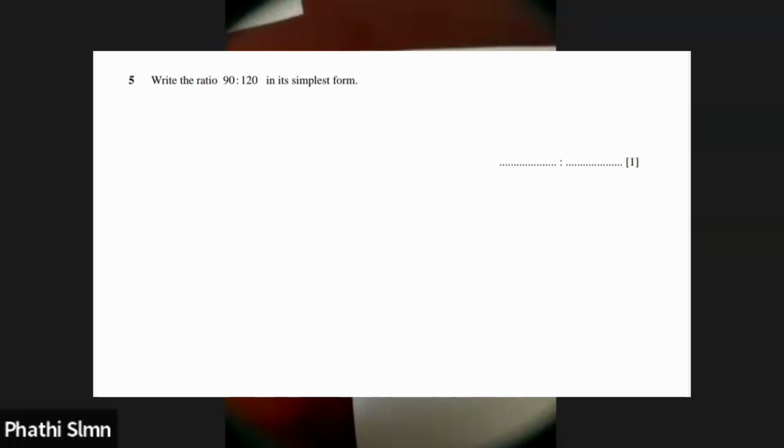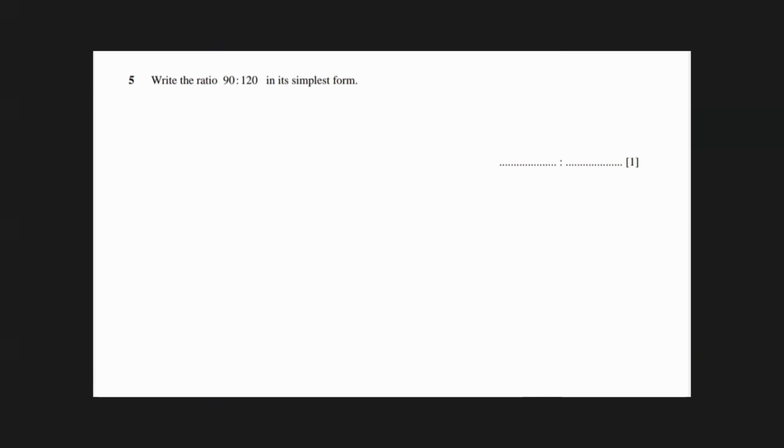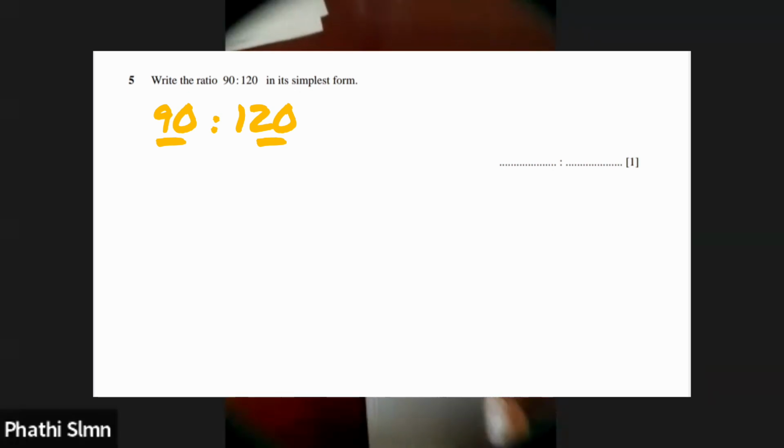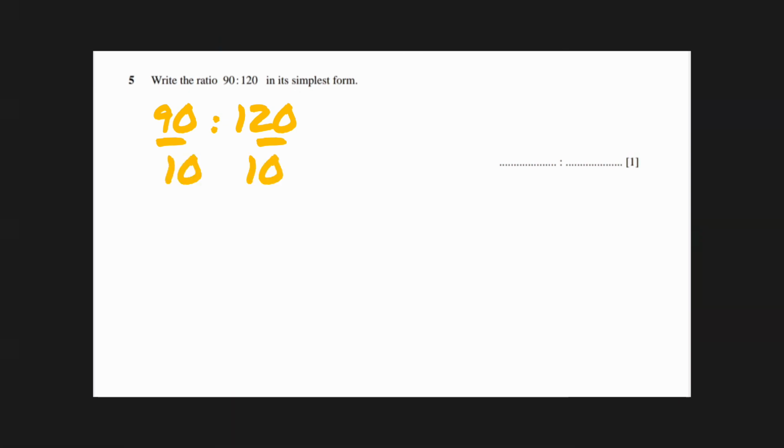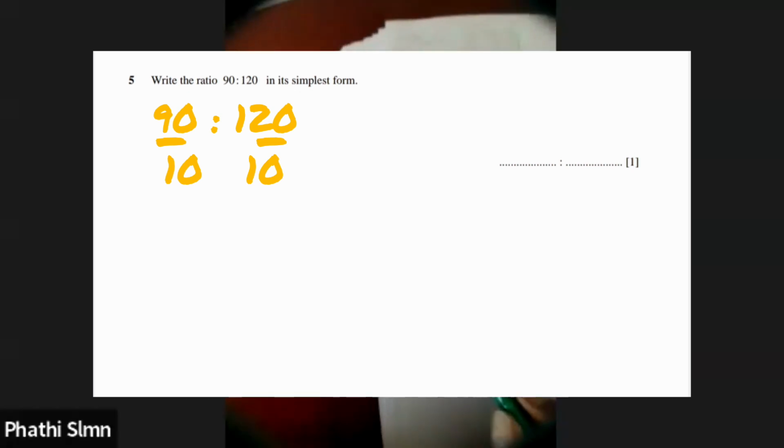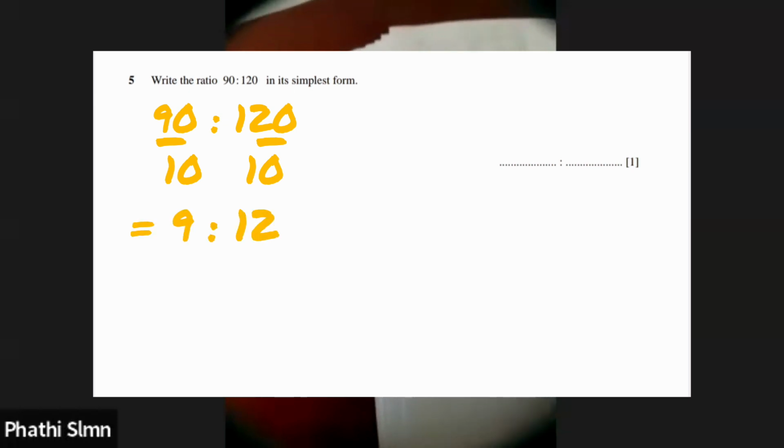How did you simplify? Do you all understand how she simplified? Okay, let's do this all together. This is a ratio. We can divide this side by 10 and also this side by 10. Can you see? We divide by 10 and we get 9 is to 12.